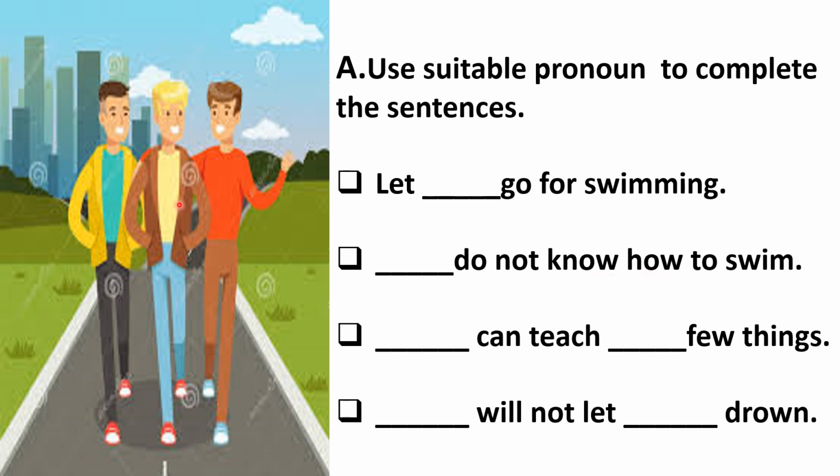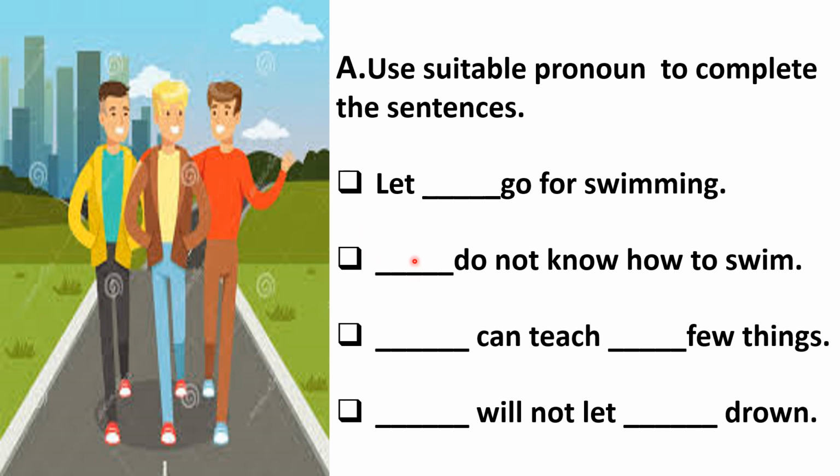So if this friend says that he does not know how to swim, what do we write here? I. And if two of them are saying that they do not know how to swim, then we will write we here. Both the sentences are correct, whether we write we do not know how to swim or I do not know how to swim.